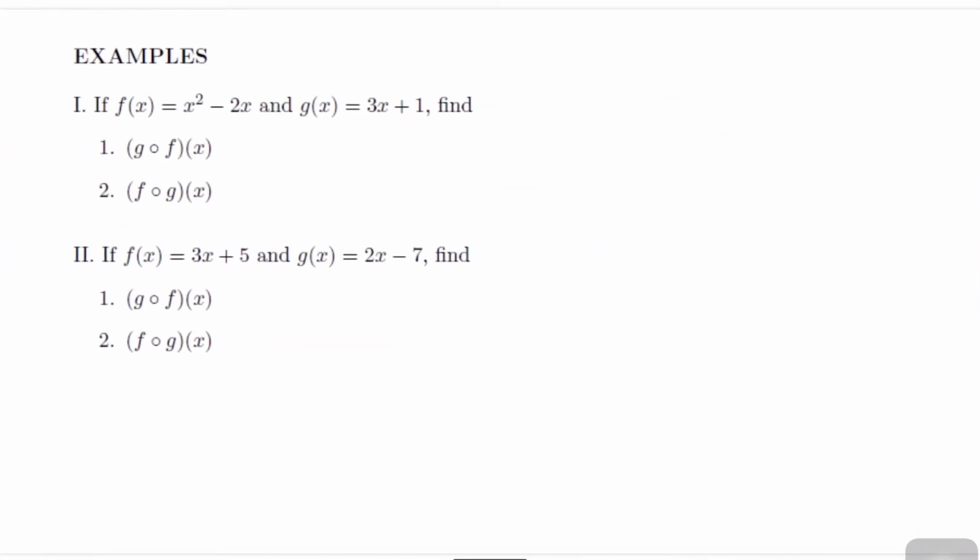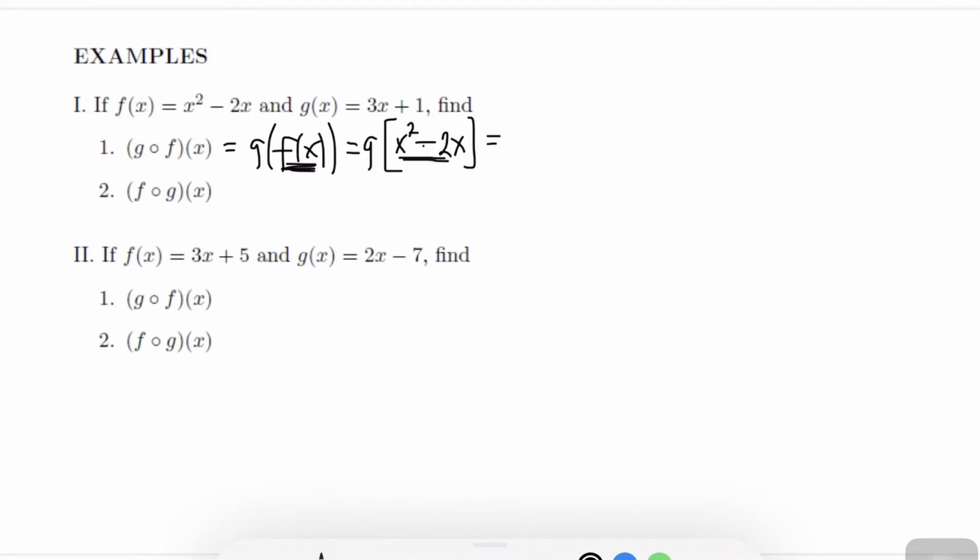Example, for 1, if given f of x equals x squared minus 2x and g of x equals 3x plus 1, find the following. Again, we can rewrite this as g of f of x. So what is the inner function, f of x? F of x is x squared minus 2x. And this will become our new input for g.